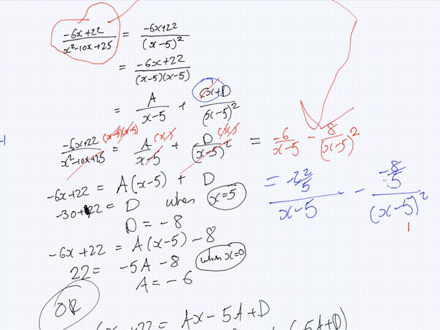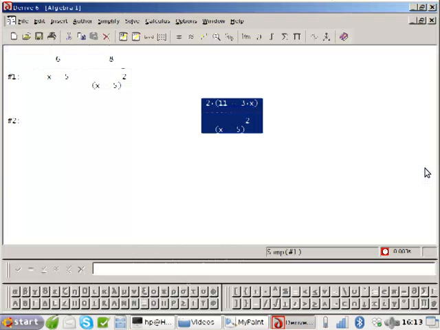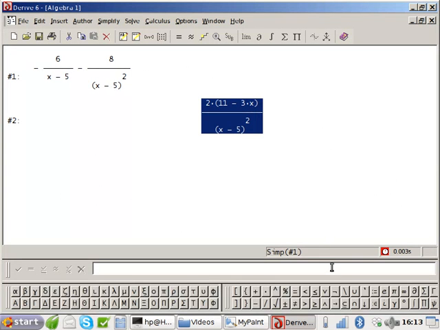Now you might say, well, that answer is quite different to this answer. Like this has no x here, and this has an x here. No, you don't need to write it down, I'll type it in. So let's see what the computer says when we add these two together. The first one was minus 22 over 5 over x minus 5.